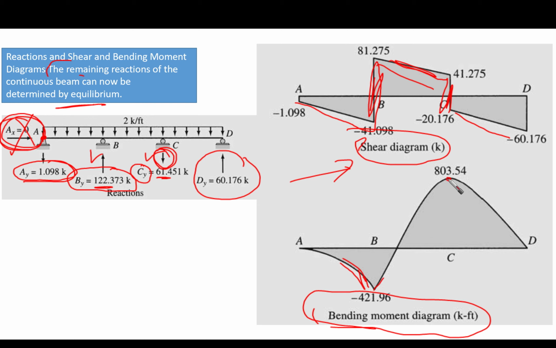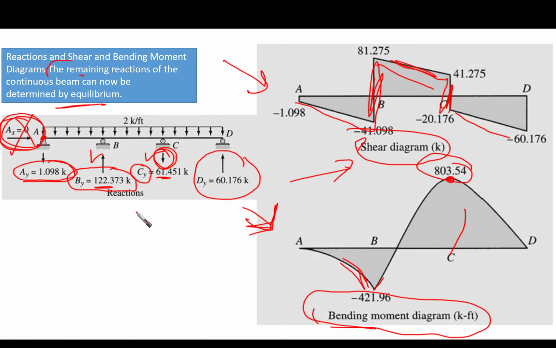Here this is the maximum. The maximum moment appears at point C, as you can see with this value. Anyway, drawing the shear and bending moment diagrams is an easy task for you, I think.